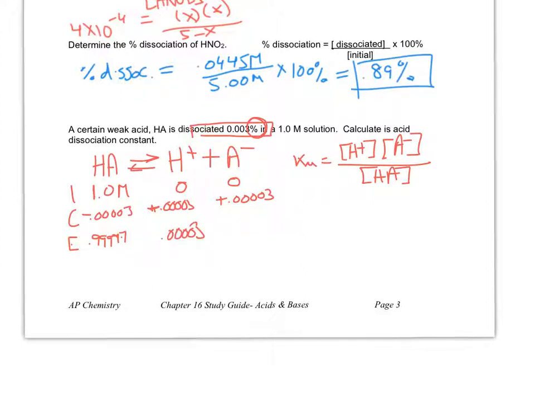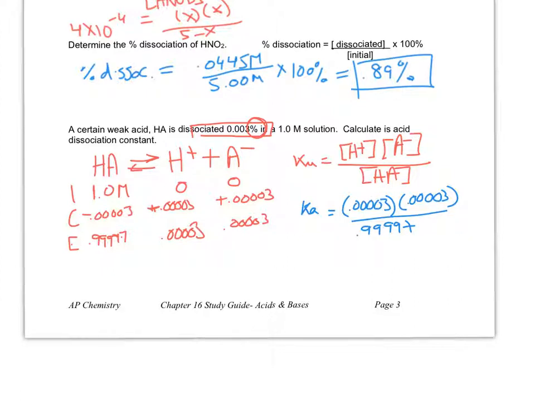It's a lot of zeros. 0.00003. So my Ka is going to be equal to 0.00003 times 0.00003 divided by 0.99997. Let's see if you can do this without a calculator.